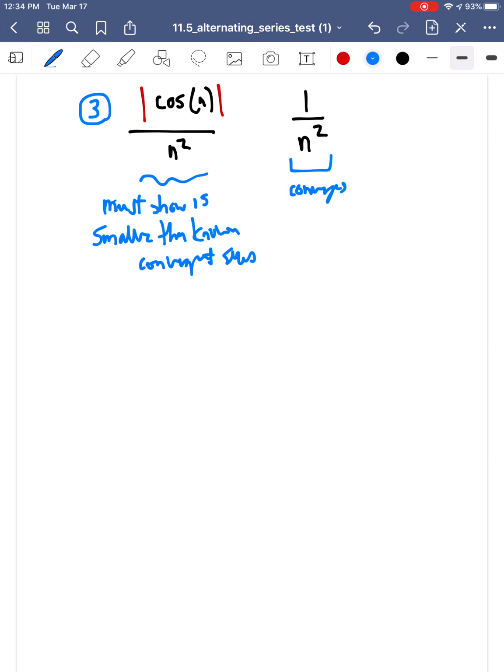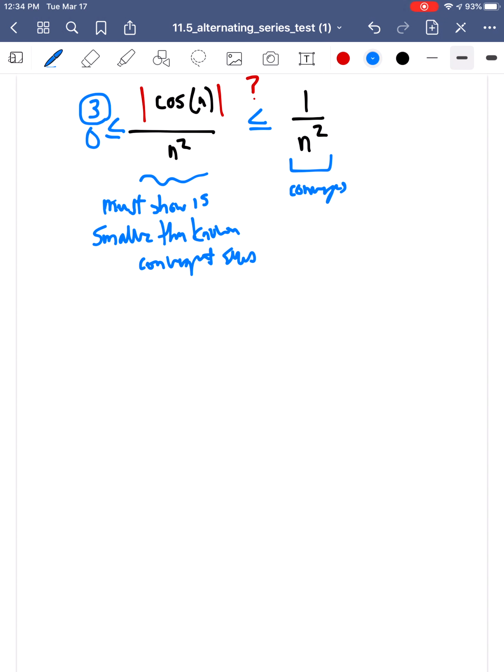Again, the reason for this is, if we can show that our series is less than or equal to a known convergent series, while also saying that our series is greater than or equal to 0, it forces our series to be wedged between 0 and the value of that known convergent series, so it must also converge.